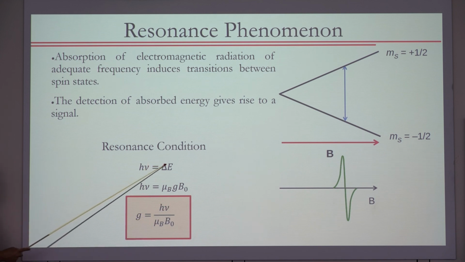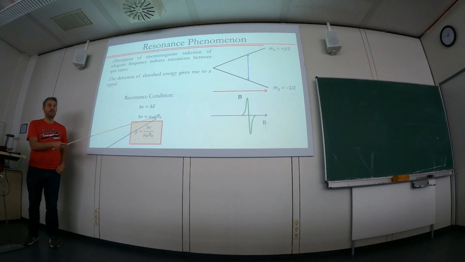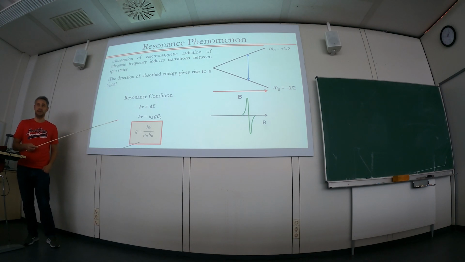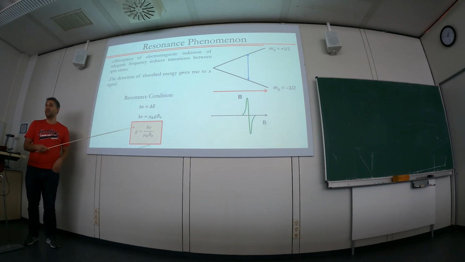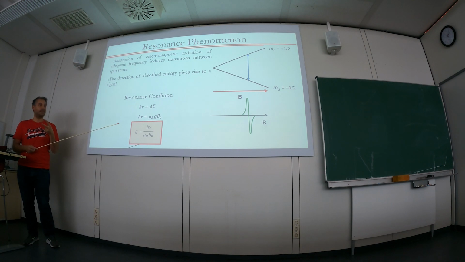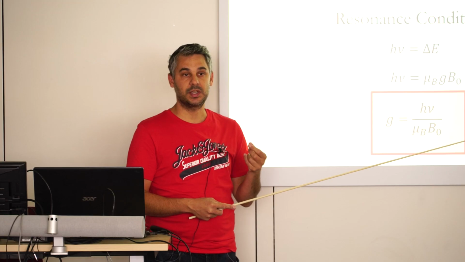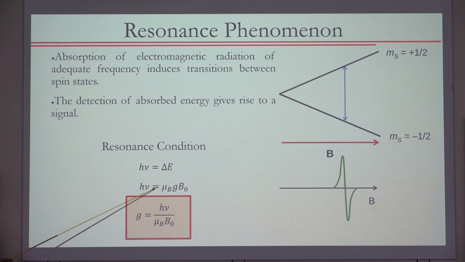So the resonance frequency is given by this delta E, which corresponds to the difference in energy between the two spin levels, plus 1/2 and minus 1/2. The subtraction of those numbers gives 1. So the energy is the Bohr magneton times g times the external magnetic field.